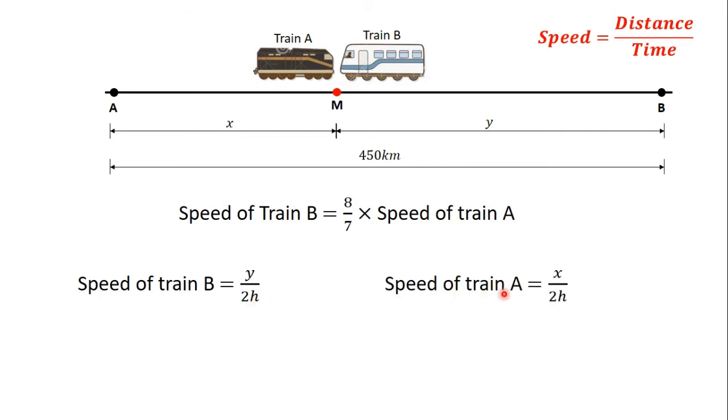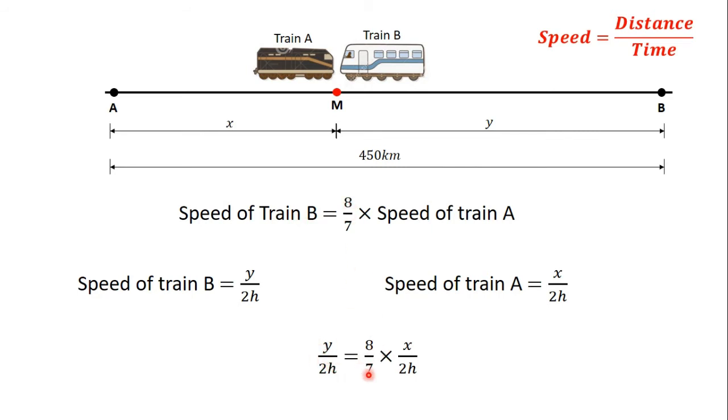The speed of train A will be equal to the distance covered by train A, which is X, divided by the time taken to cover that distance, which is 2 hours. So the speed of train B is Y divided by 2 hours, and the speed of train A is X divided by 2 hours. Let's substitute this information into our equation. Speed of train B is Y divided by 2 hours.